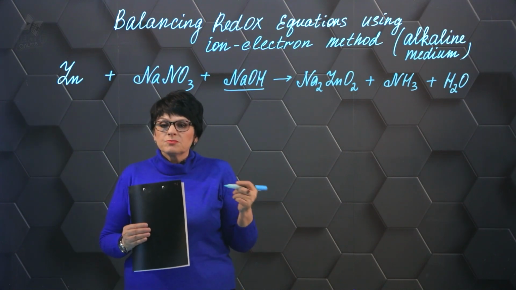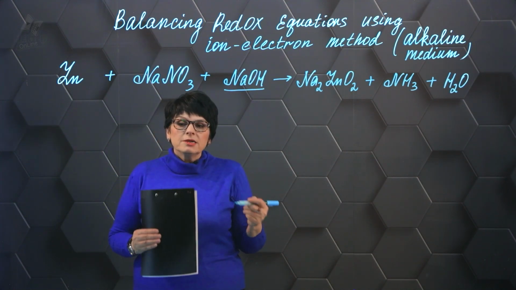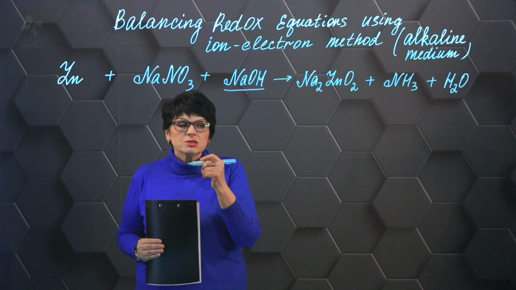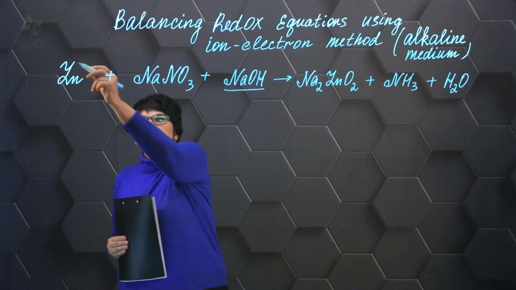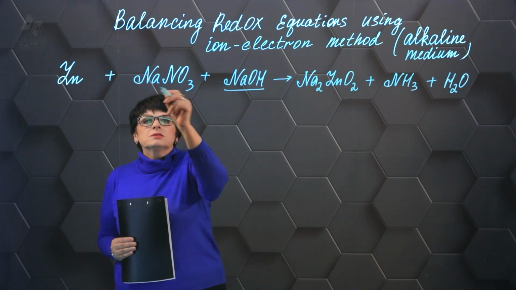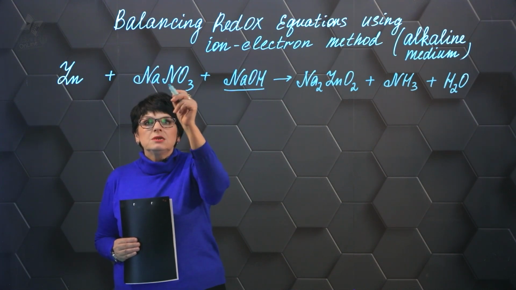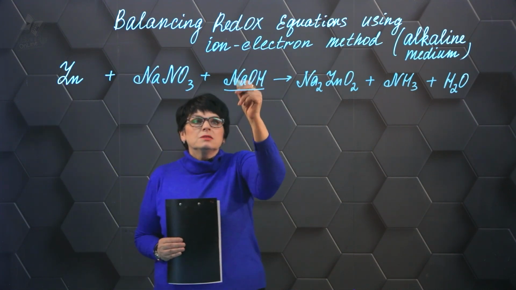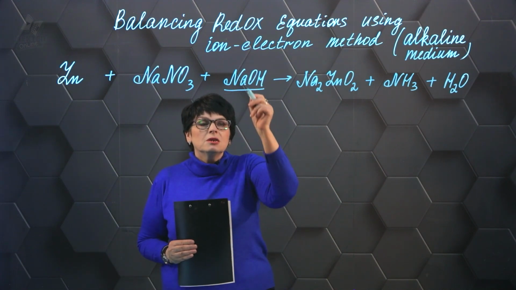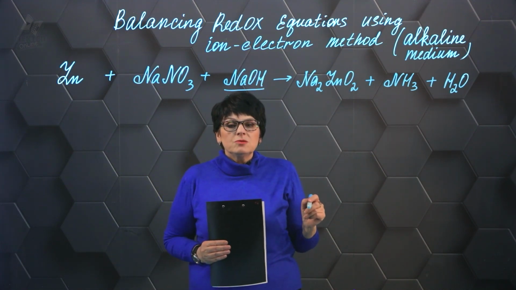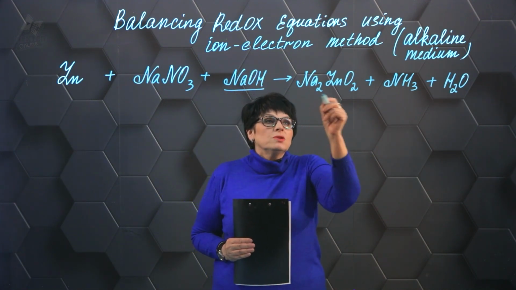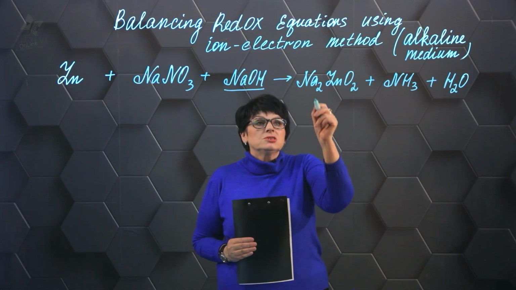Hence, we show that they decompose into ions, and we do not write down the ions that will be reduced. Zinc is a simple substance. Sodium nitrate is a strong electrolyte, it will decompose into sodium plus and nitrate minus. Sodium hydroxide is also a strong electrolyte, it will decompose into sodium plus and OH minus.